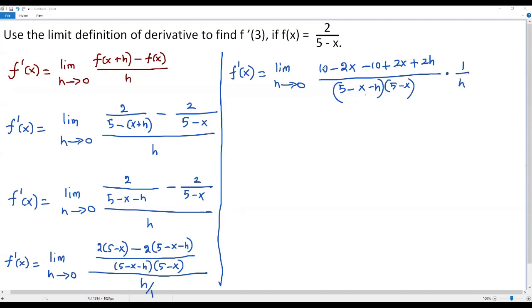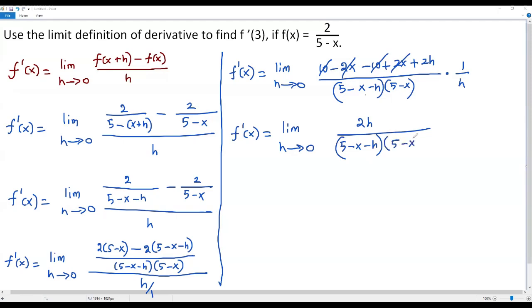Now we can do further simplification. The negative 10 and positive 10 will cancel out, and negative 2x and positive 2x will cancel out. So f prime of x equals the limit as h tends to 0. Here we just have 2h, and in the denominator we have 5 minus x minus h times 5 minus x times h.